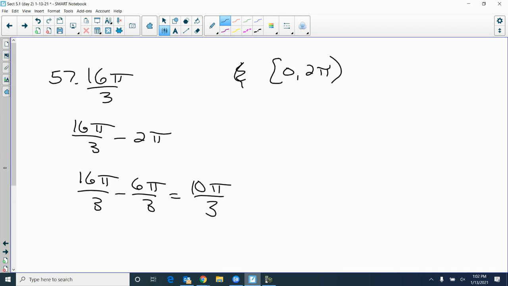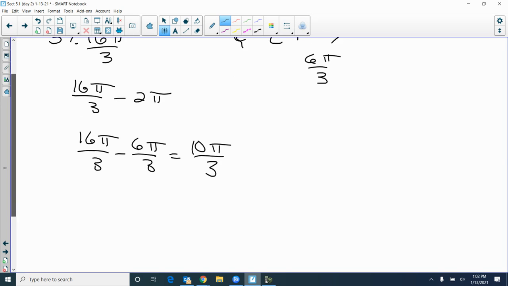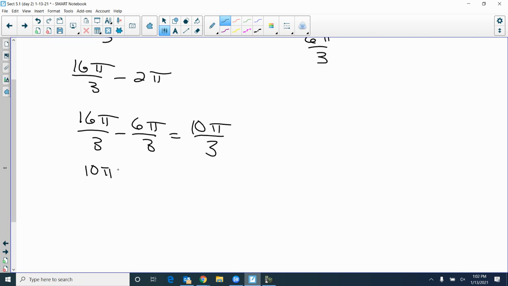And 2 pi would be 6 pi over 3, so you have to subtract another 6 pi over 3. So 10 pi over 3 minus 6 pi over 3 is 4 pi over 3, so that's how you get that. Usually some people just leave it as 10 pi over 3 and move on, but just make sure you subtract again based upon the directions.